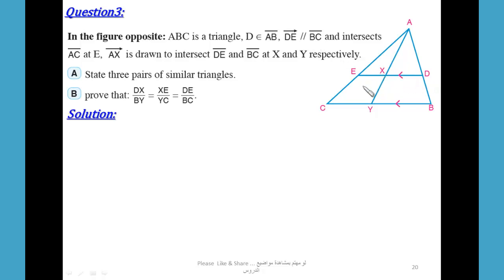DE is parallel to BC and intersects AC at E. The ray AX here is drawn to intersect DE at the point X and intersects BC at Y respectively. State 3 pairs of similar triangles and prove that DX over BY equals XE over YC equals DE over BC.